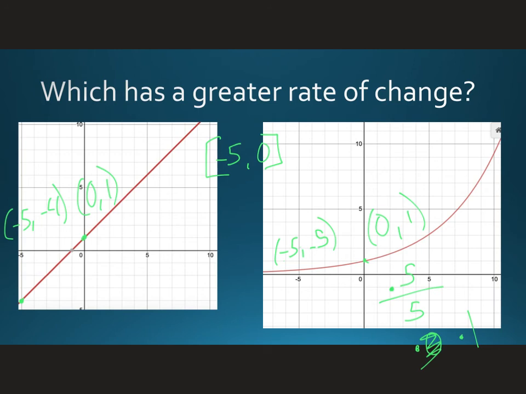And over here, I end up with 5 over 5, which is 1. So obviously this one has the greater rate of change. But if I looked at a different spot, it could be different. So let's look at them.